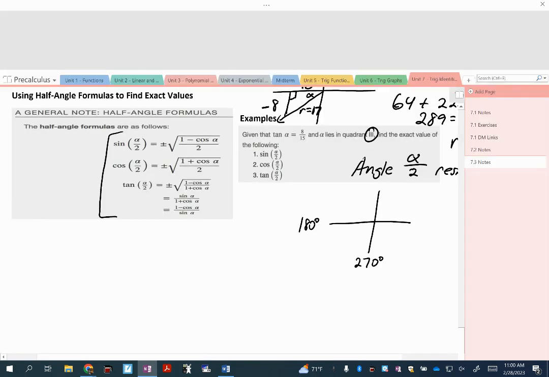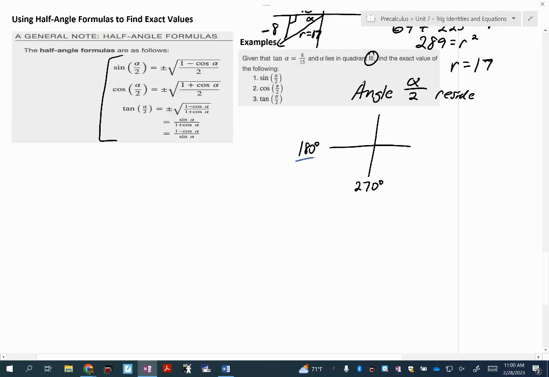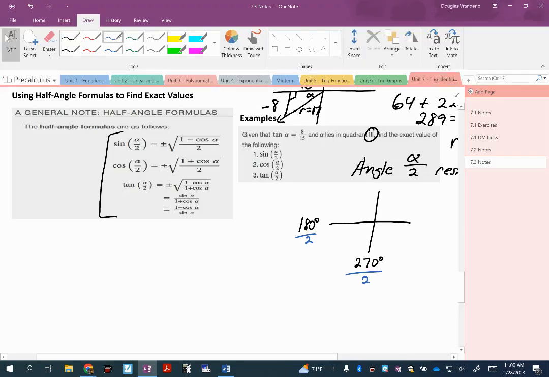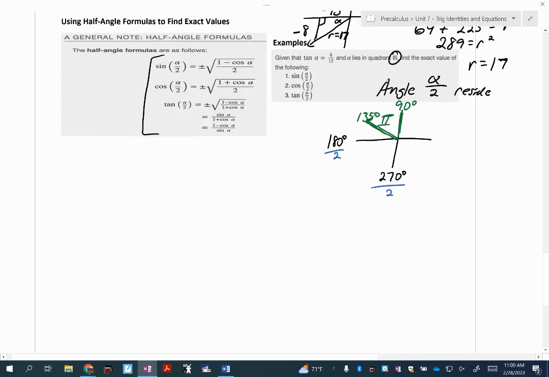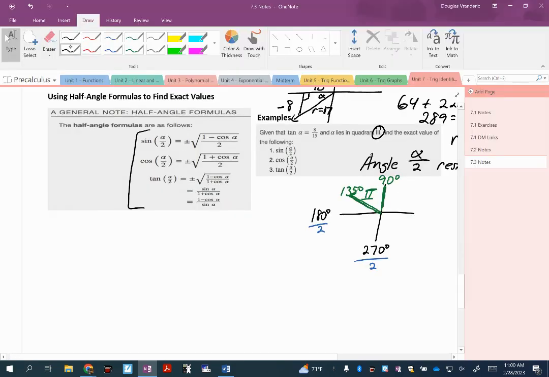So you divide both of these numbers by 2, and that will tell you the range of values for alpha divided by 2. 180 divided by 2 is 90. 270 divided by 2 is 135, which is right here. So really it's this area, these angles between 90 and 135, which you should notice is in quadrant 2. We'll use that information to help us answer these 3 questions.